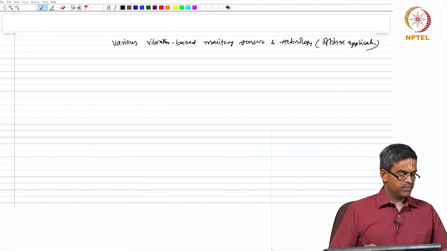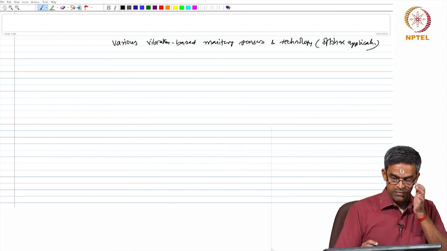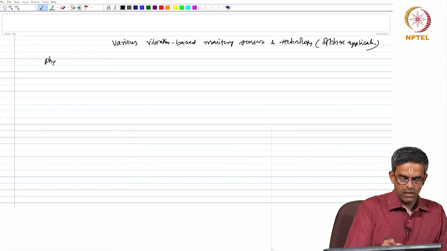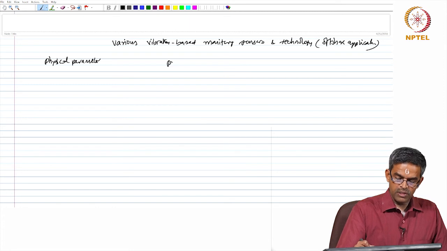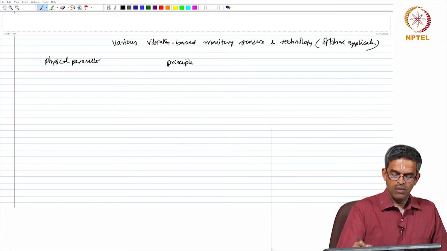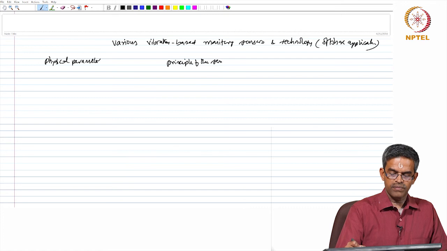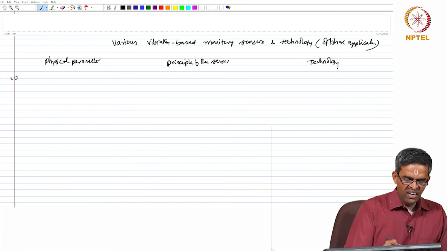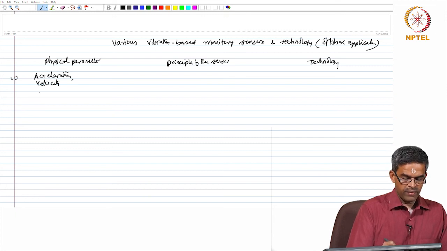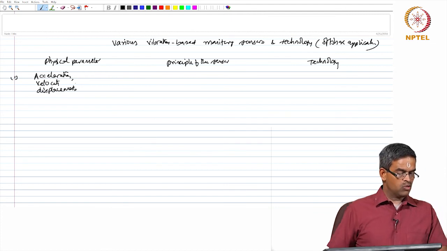Let us divide this into three: let us say the physical parameter I want to measure, principle of the sensor and the technology used. Let us say acceleration, velocity and displacement are the physical parameters to be measured.